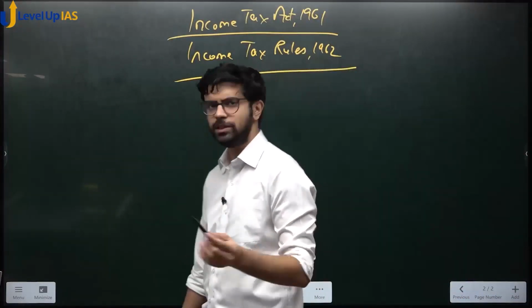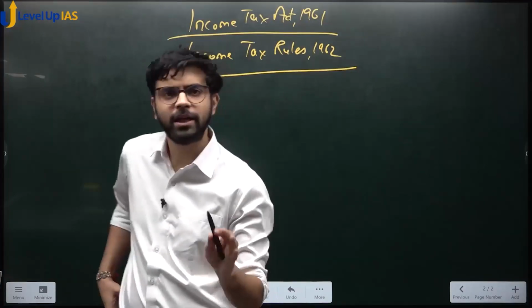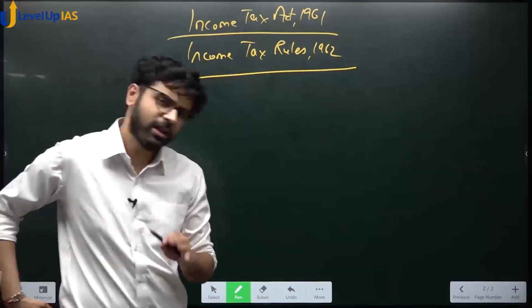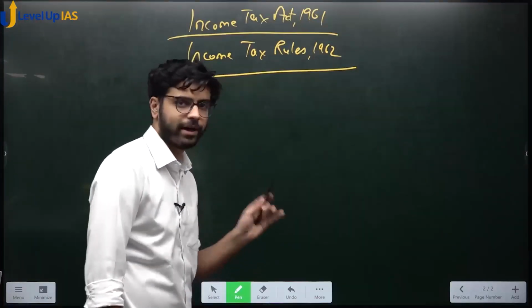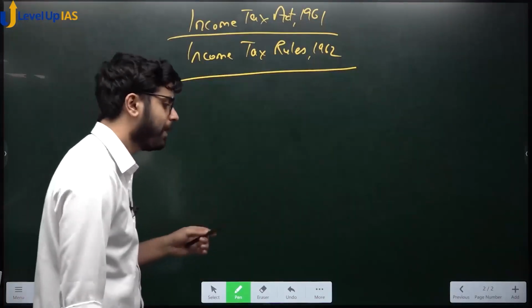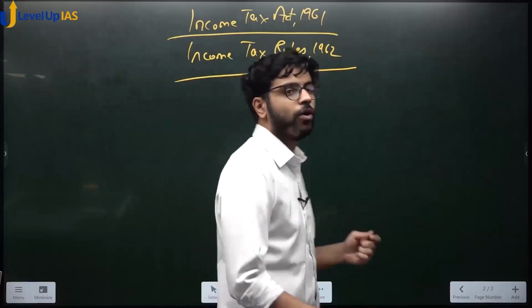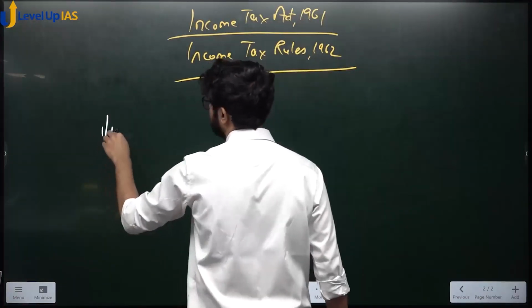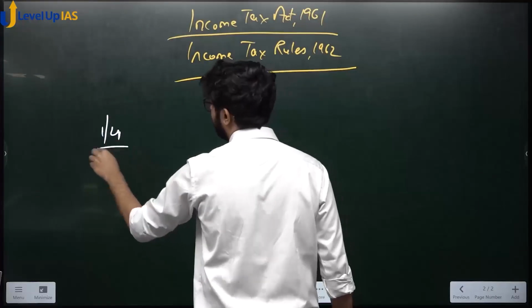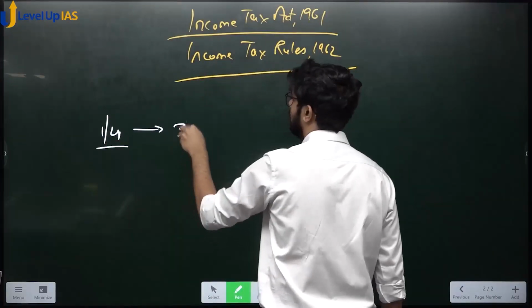How does income tax work? You know income tax is levied on the income that you earn, not your revenue. You cannot shift the incidence, you cannot shift the burden. Okay, this is clear. What is the financial year here in India? 1st April to 31st March.